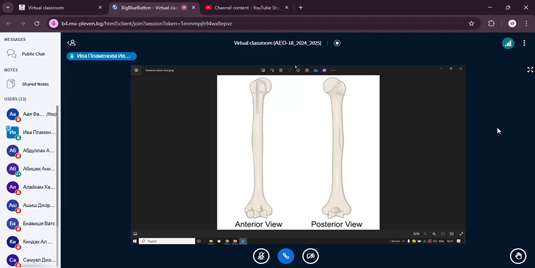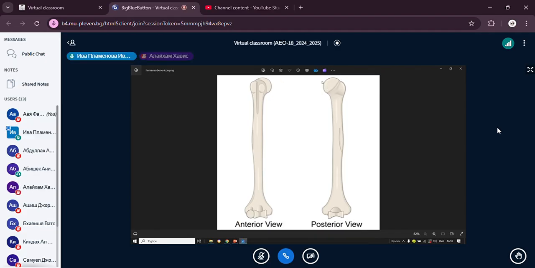What do you remember about the humerus? We have the proximal part, distal part, and body. About the proximal part, what was that here? Which is rounded, and it's actually an articular surface for the glenoid cavity. Is it the lesser tuberosity?